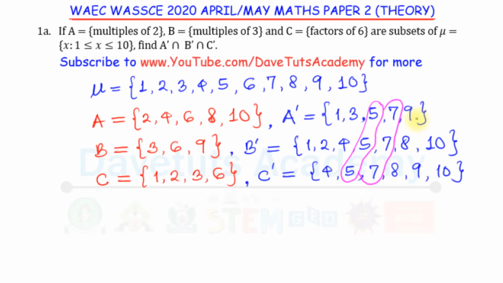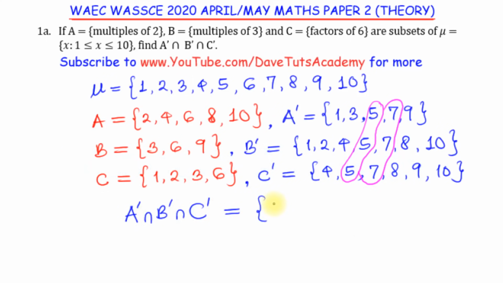We have 9 in A complement, but there's no 9 in B complement. We have 8 in B complement, there is no 8 in A complement, so those are not going to satisfy the condition that we're looking for. So holistically, after having done this, the set defined as A complement intersect B complement intersect C complement is going to be the set containing only 5 and 7.